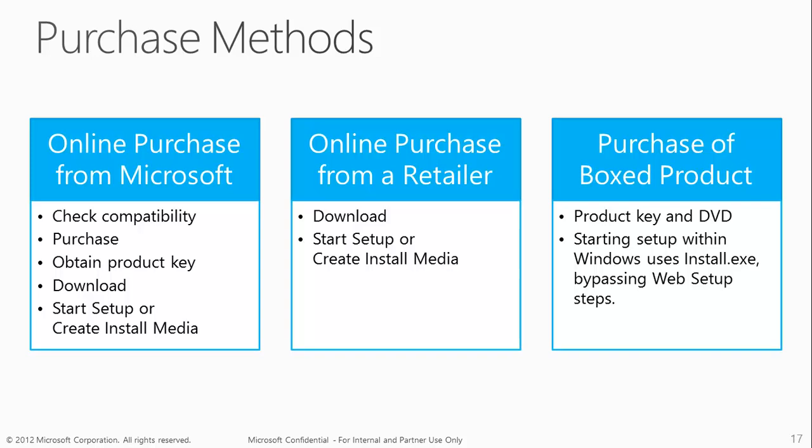And they're able to trigger the installation to begin from there, but what happens after the purchase is complete is that Amazon kicks off the installation, but the installer itself, the bits download, all of that is owned by Microsoft. So it's very much the same experience that the customer sees whenever they go through online purchase from Microsoft, except for the first few bits: the check compatibility, purchase, and obtain product key.